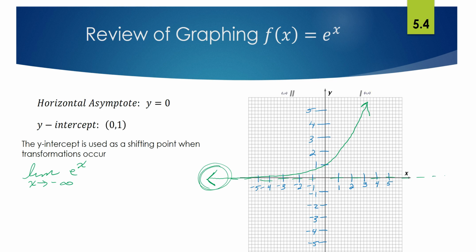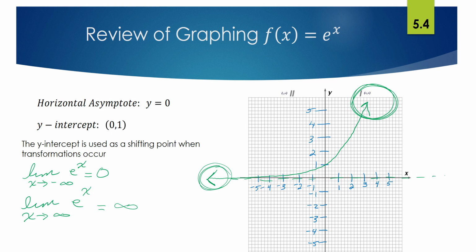So right here as x is heading off to negative infinity, notice that the graph gets closer and closer to 0. Then as we look at the right side of the graph, this is end behavior that you learned in pre-calculus. So limit as x approaches positive infinity, as the x's get bigger and bigger, the y's get bigger and bigger, and so this function shoots off to infinity on the right side of the graph.